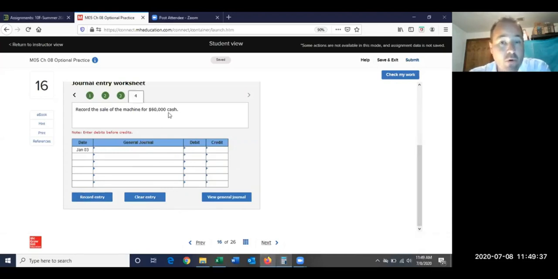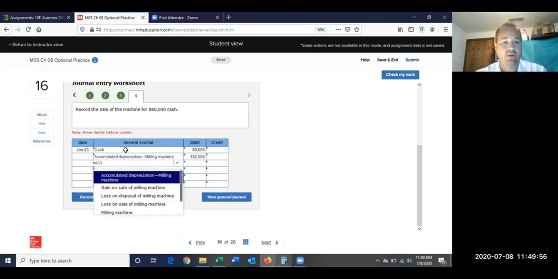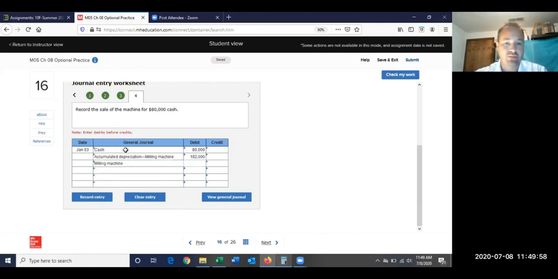The final one here, we're actually getting more than what the book value is. So we do it almost exactly the same, except when we're getting more, we're going to show it as a gain. Remember, gains are credits. Cash, 80 grand. Get rid of the accumulated depreciation, that was 182. Get rid of my milling machine, 250.